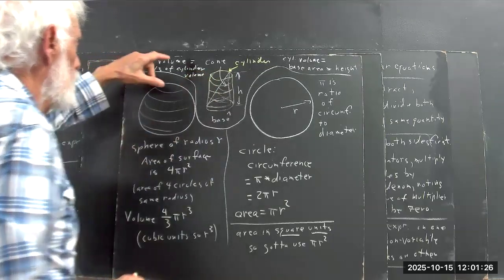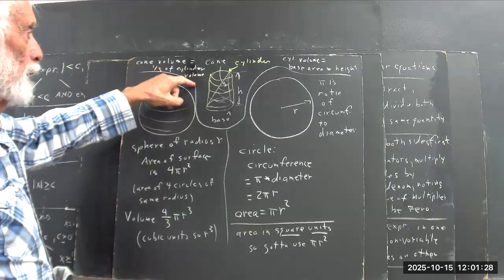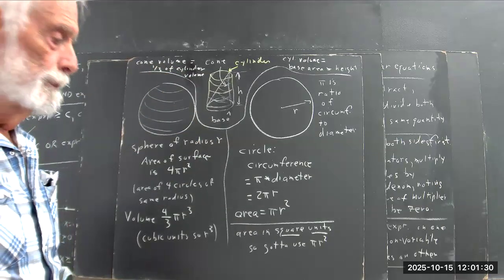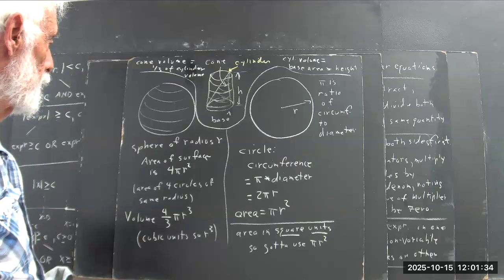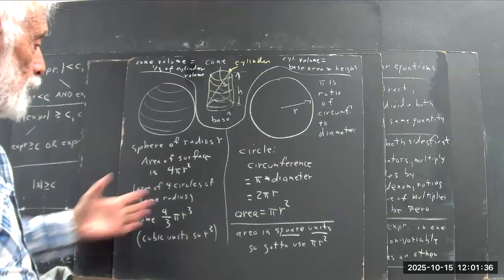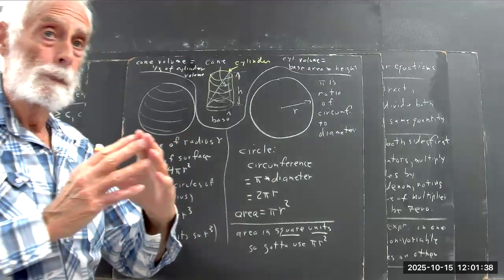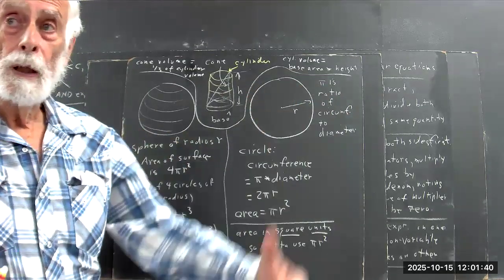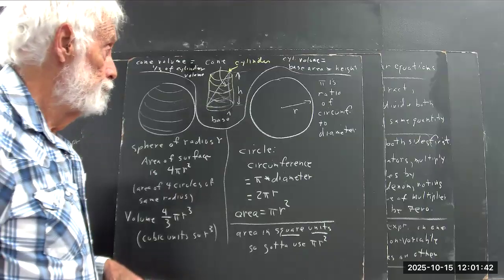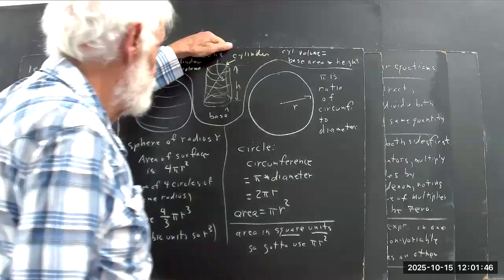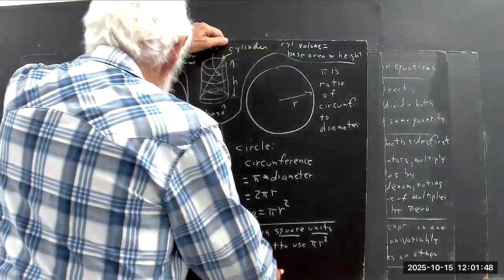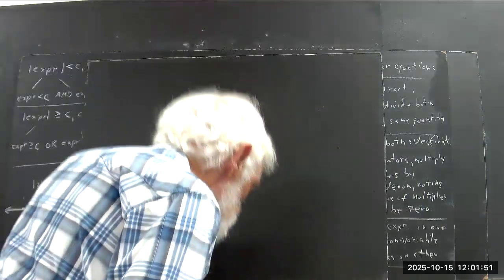So what I've written is the cone volume is 1/3 of the cylinder volume. Just like the pyramid volume is 1/3 of the volume of that box that contains it. So I'm gonna start out a little quick summary here.